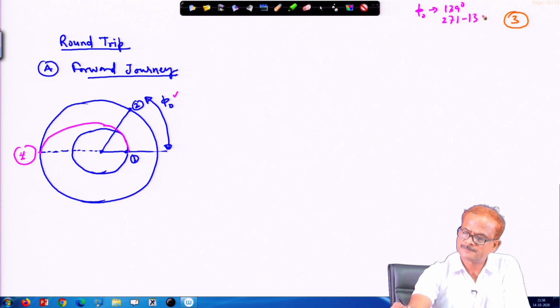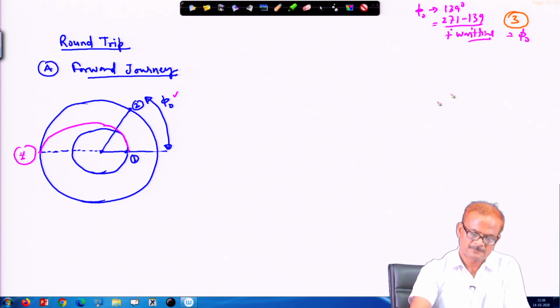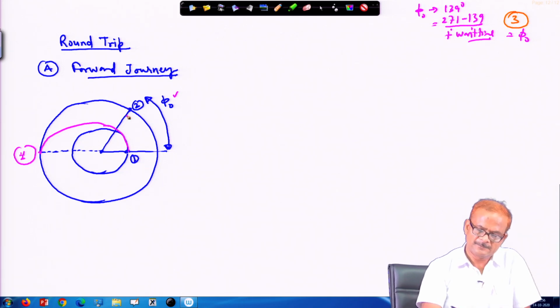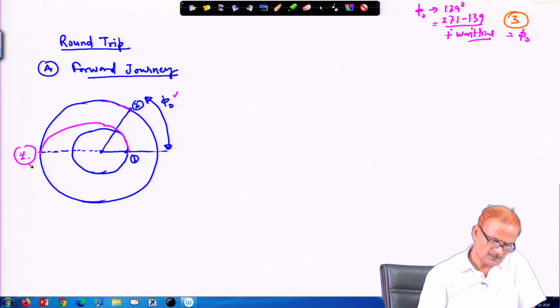So, 270 minus 139, and plus the wait time which we have used, that makes your phi 0, and then you will be able to launch. So, in that time the 2 goes from this place to this place. Okay. So, here this time will be 2 times the time of travel, n 2 t.